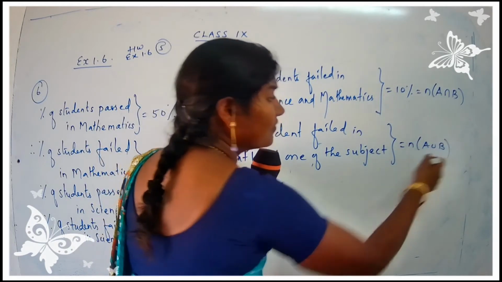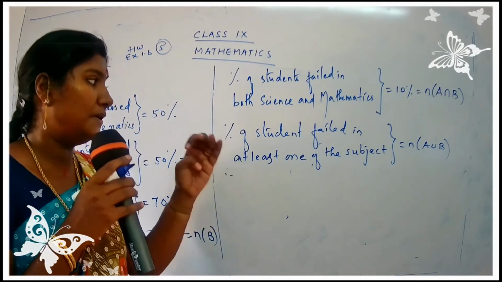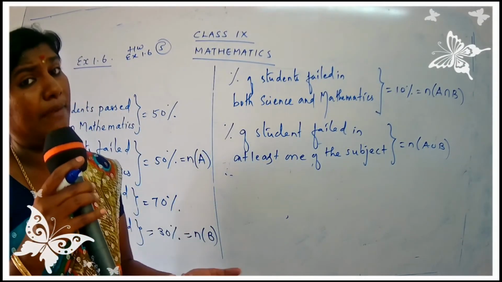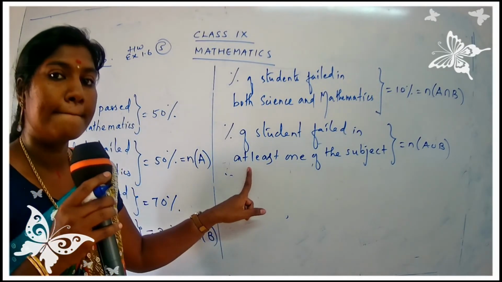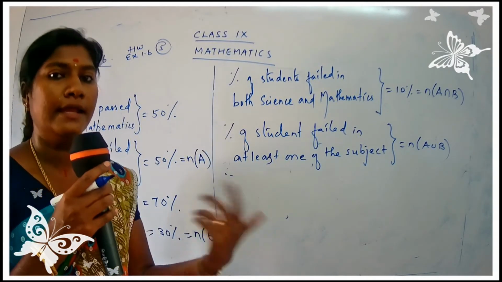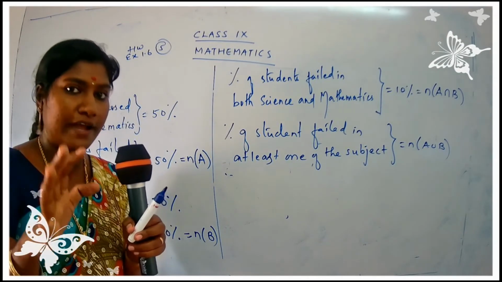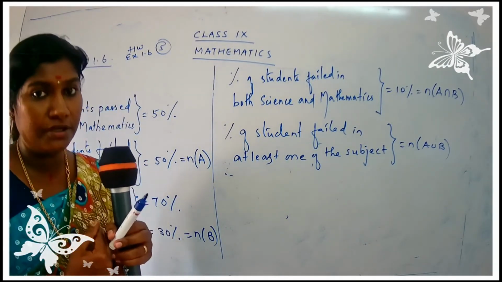At least one of the subjects means at the least. At the least means the student can fail in one subject, or he can fail in more than one subject. At least, the least number should be 1. The highest number can be any number. I want at least 5 rupees. That means the minimum amount that I should get is 5.